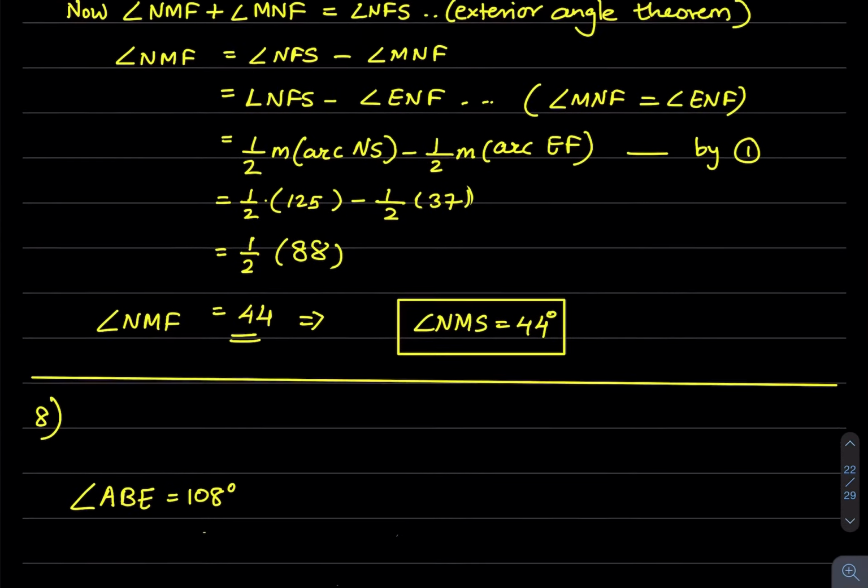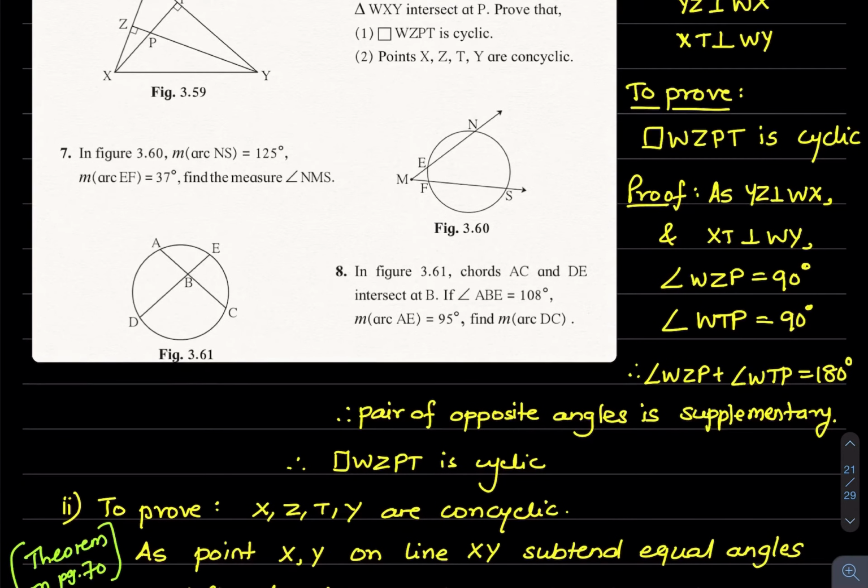Now for the next question, the 8th question, which is the last one. In figure 3.61, chords AC and DE intersect at B. If angle ABE is 108 degrees and major arc AE is 95 degrees, then find major arc DC.